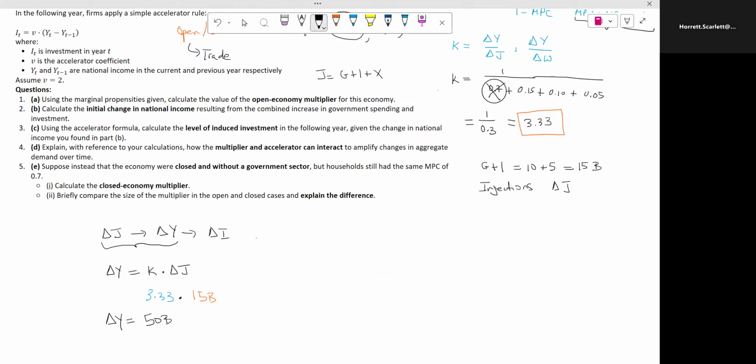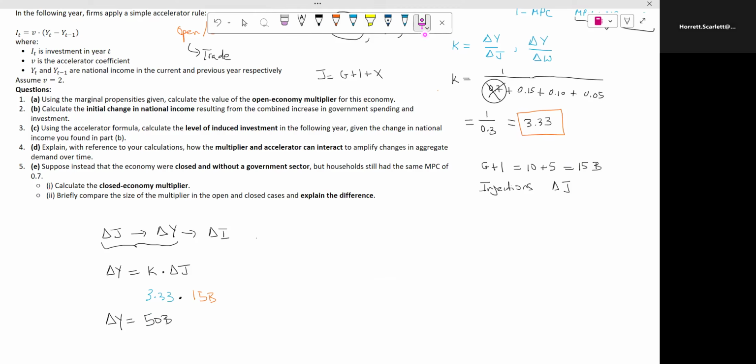So what this is telling us is that there was an initial injection of $15 billion.